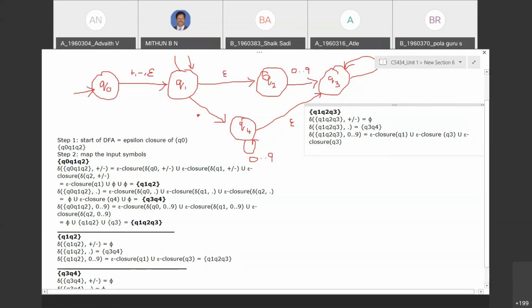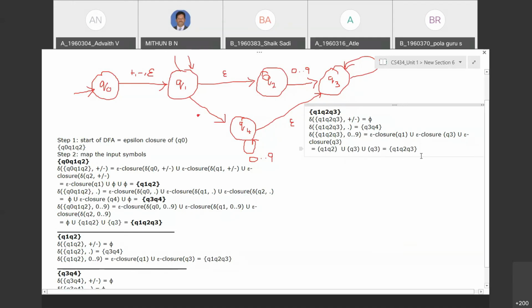Epsilon closure of Q1 is Q1, Q2, union epsilon closure of Q3 is Q3, so this is Q1, Q2, Q3. Shall I end the problem because there are no more new states?